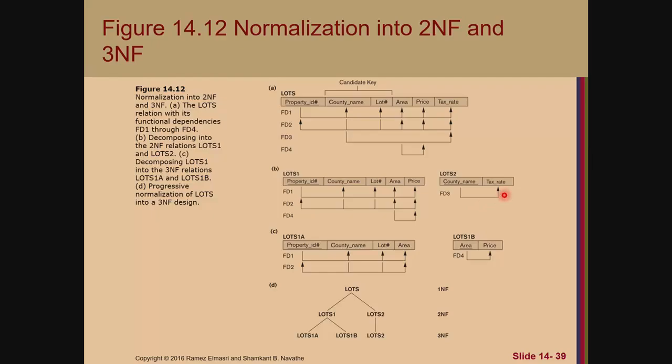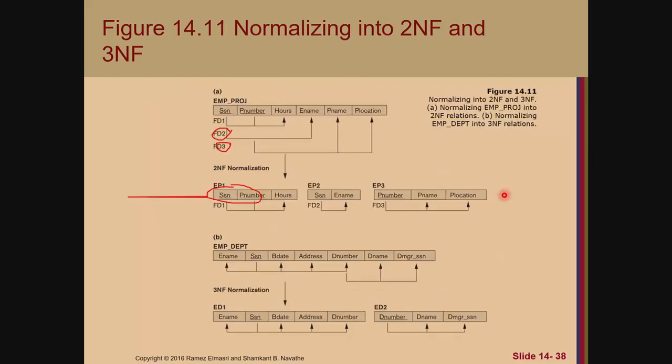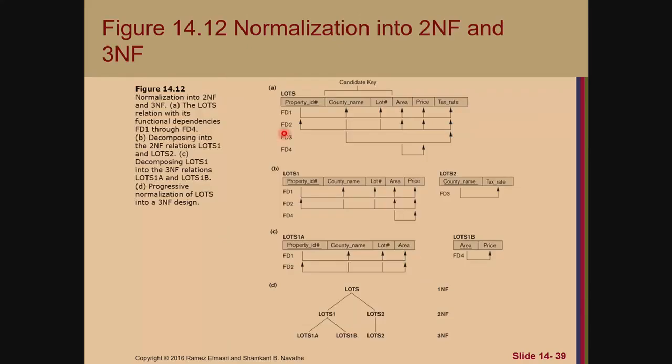Now, if we look at these two examples, we can say that when you check the partial dependence, it's not only on the primary key, but also for the candidate key. If we have partial dependence on the candidate key, we have to separate them into the new relation also.